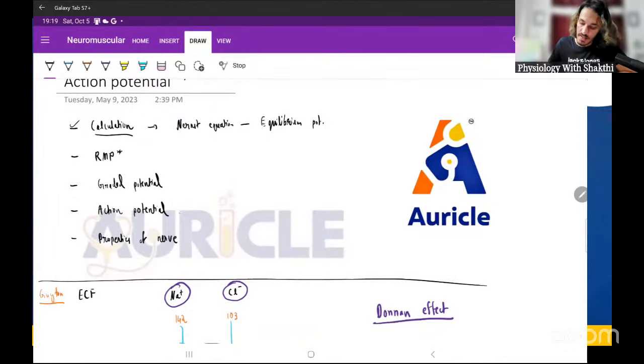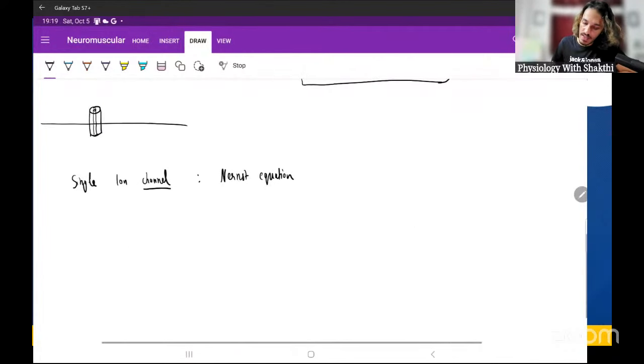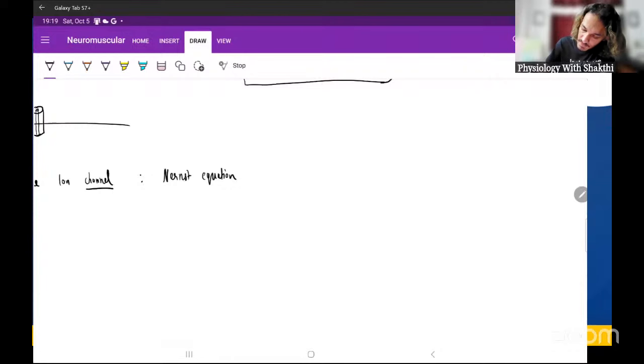So what is the Nernst equation? The Nernst equation is given as: equilibrium potential is equal to RT by ZF natural log of concentration inside by concentration outside. Okay.